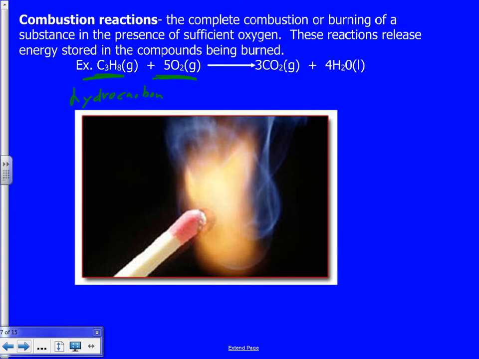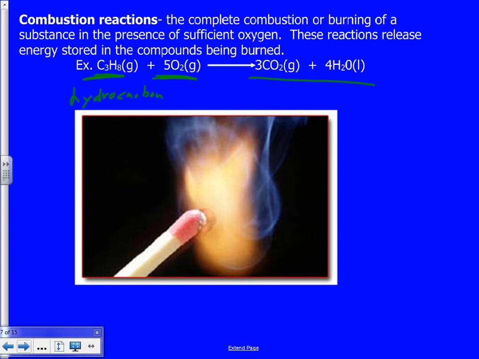It just depends how much carbon dioxide and water. The bigger the hydrocarbon, the more carbon dioxide and water you get. So these are always the products of a combustion reaction. That's the good news about combustion reactions.